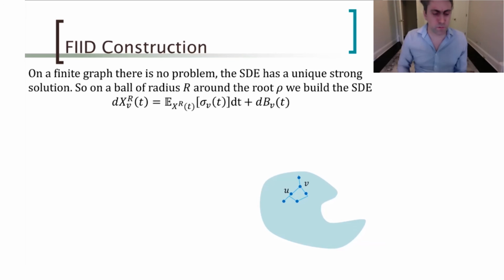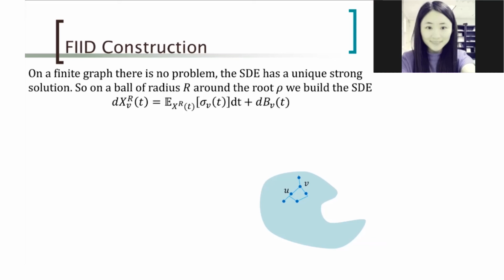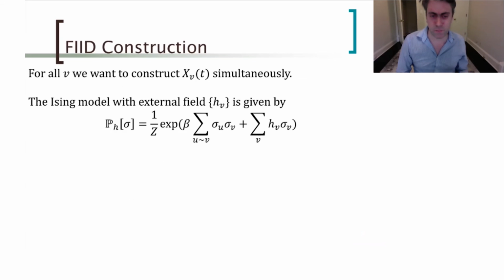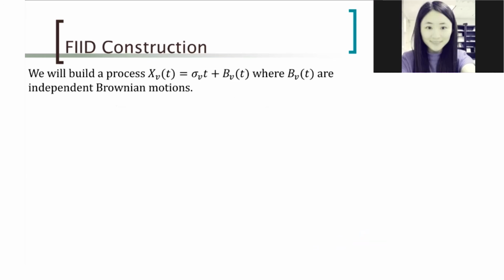Okay, so the Ising model on the tree at least has fairly combinatorial descriptions.